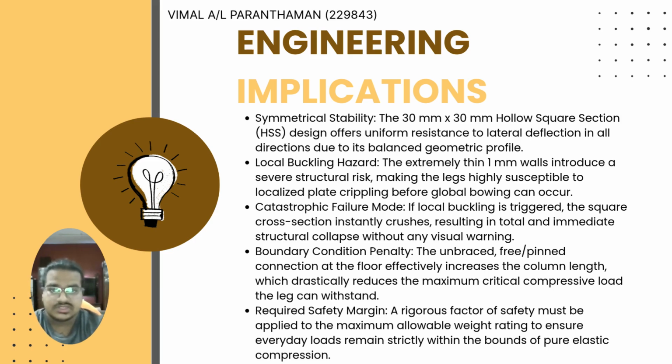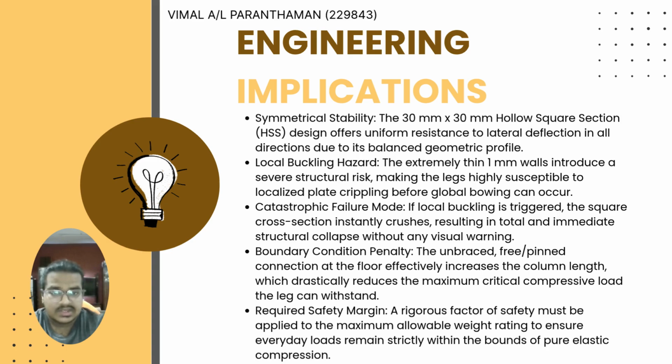First, we will talk about the symmetrical stability. The 30 by 30 millimeter hollow square section design offers a uniform resistance to lateral deflection in all directions due to its balanced geometric profile. But the extremely thin 1 millimeter walls introduce a severe structural risk, making the legs highly susceptible to localized plate crippling before global bowing can occur.